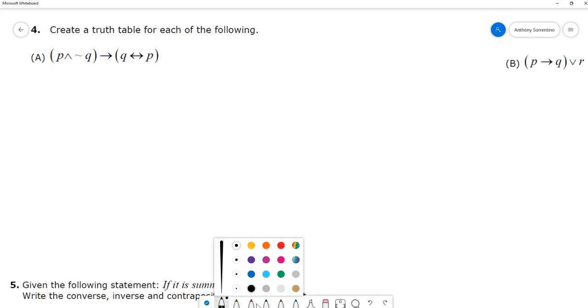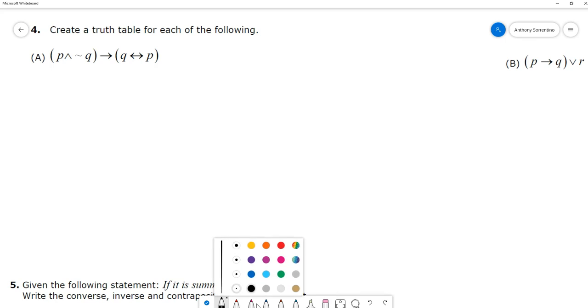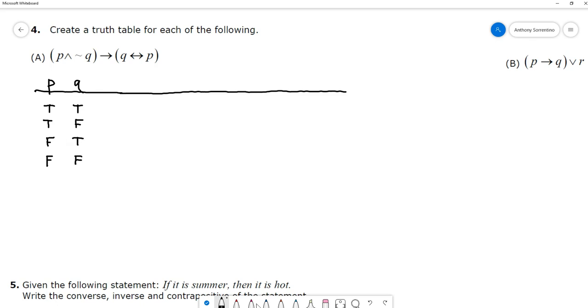So this one here only has P and Q as the primary variables. Yeesh, it's a little bit too big. So I'm going to have P and Q starting off my truth table. And of course, all the possible combinations of true and false statements between P and Q alone are represented here.